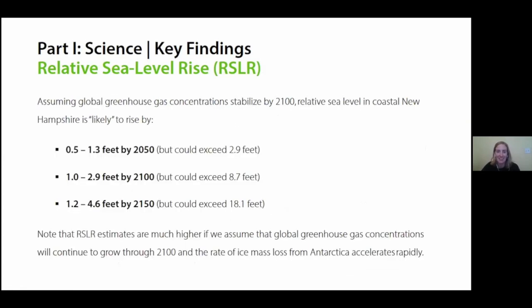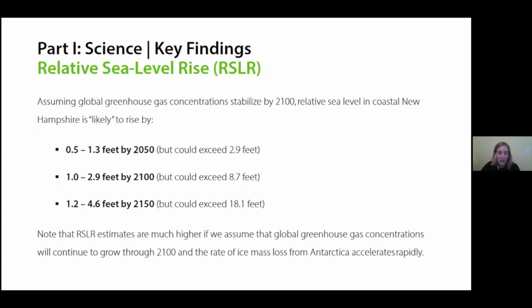Next slide. So to break the projections in the chart down a bit more for you, under that scenario where global greenhouse gas concentrations stabilize by 2100, RCP 4.5, the report states that using the year 2000 as a baseline, we're likely to see up to 1.3 feet of relative sea level rise by 2050.